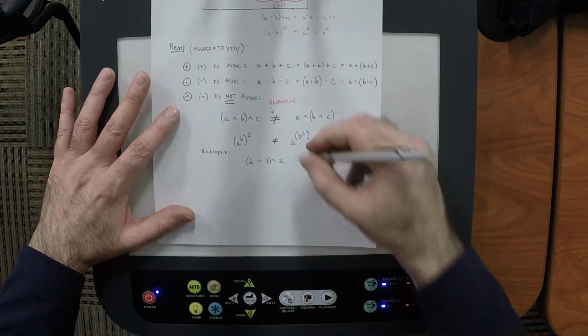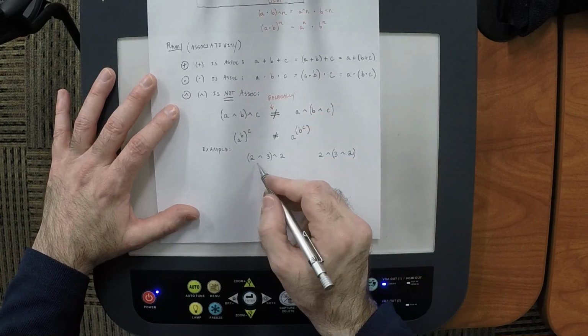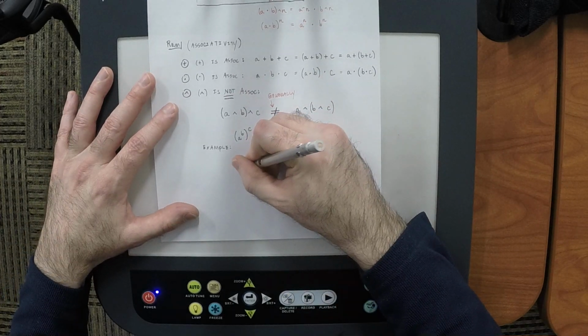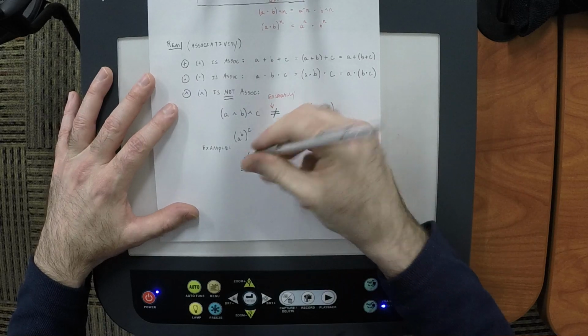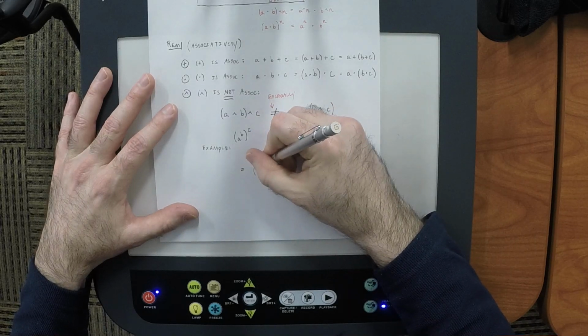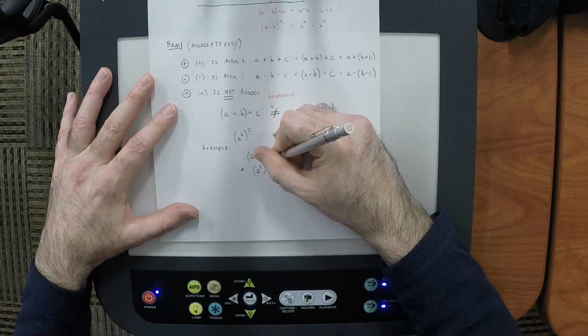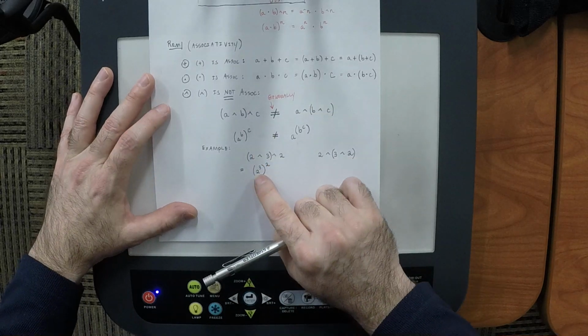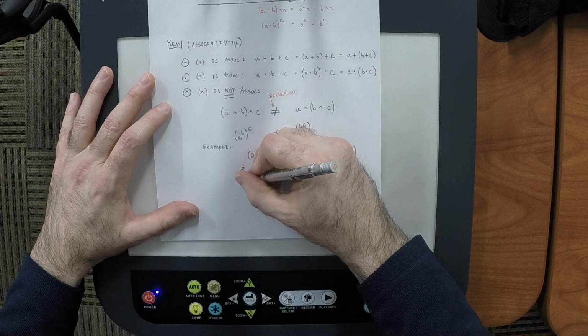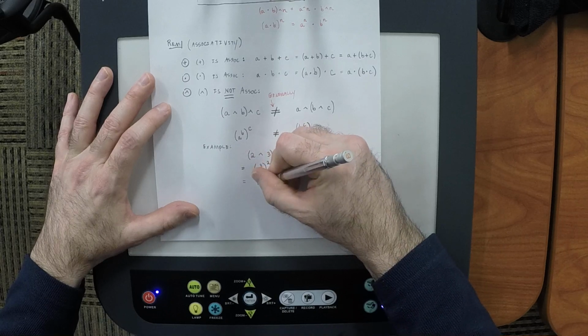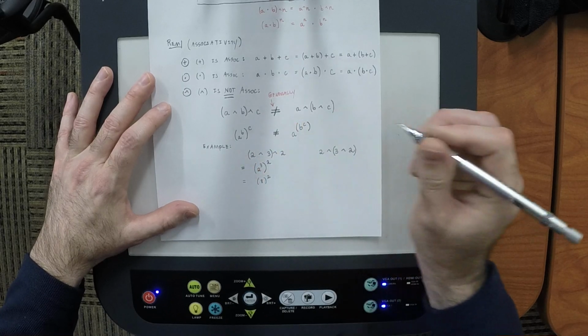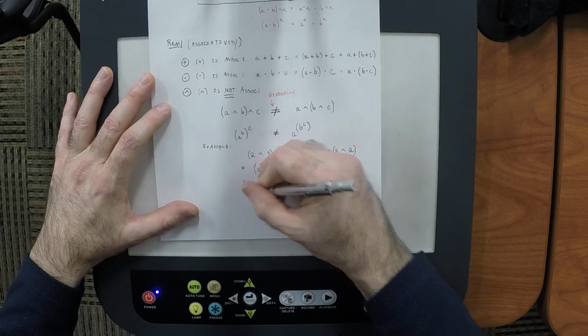Okay, so now here I'll write this without carets. So this would be 2 to 3 to 2, like that. So now, what is 2 cubed? 8. So we're asking, what is 8 squared? So what's that? 64.